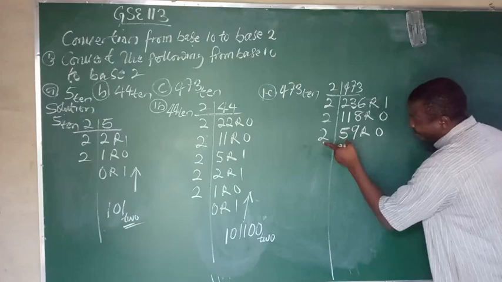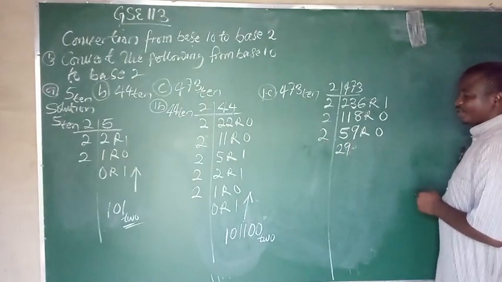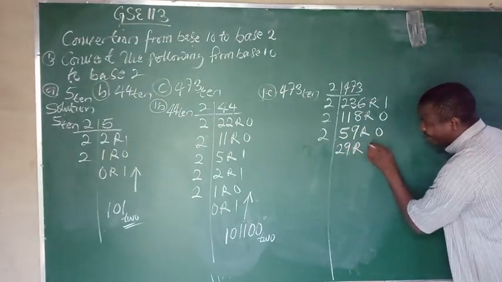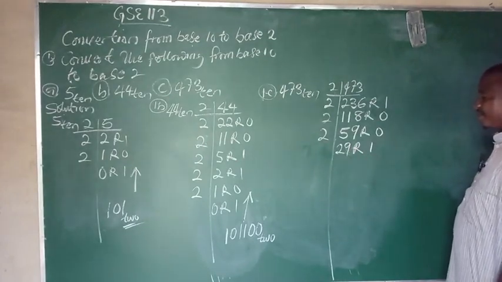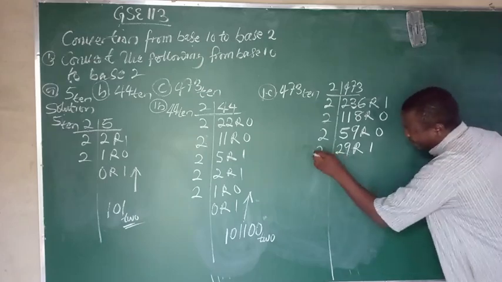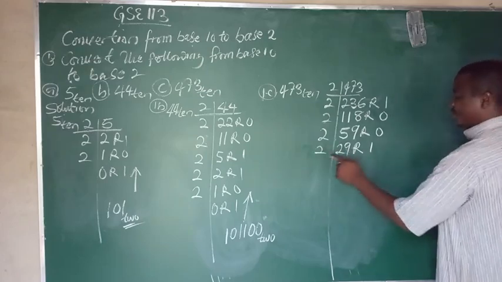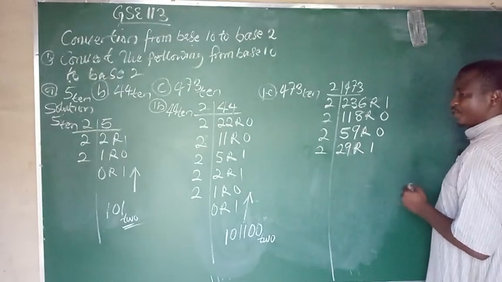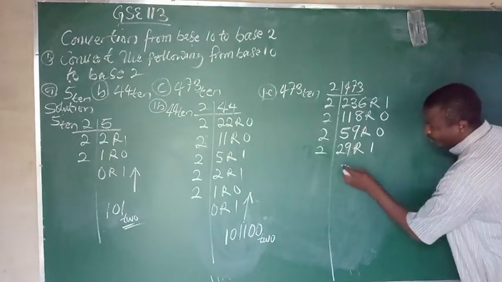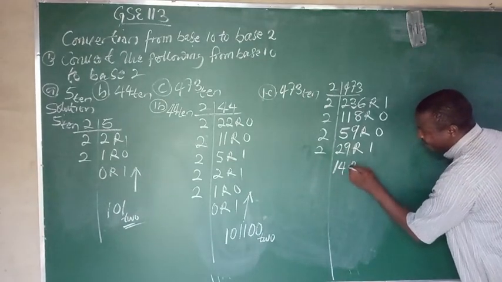Then 9 times 2 is going to give us 18. Therefore, we have remainder 1. The next stage, 2 into 29, it will go 14, remainder 1.